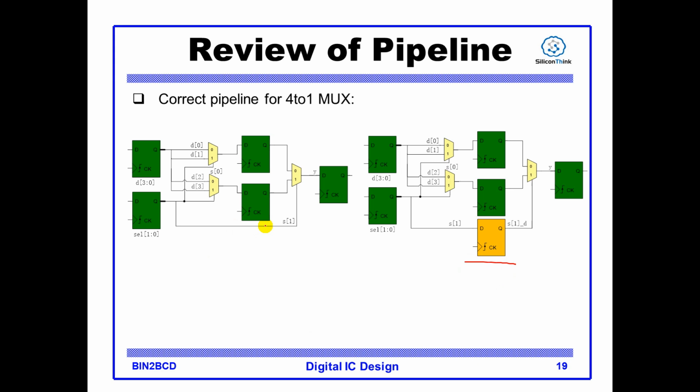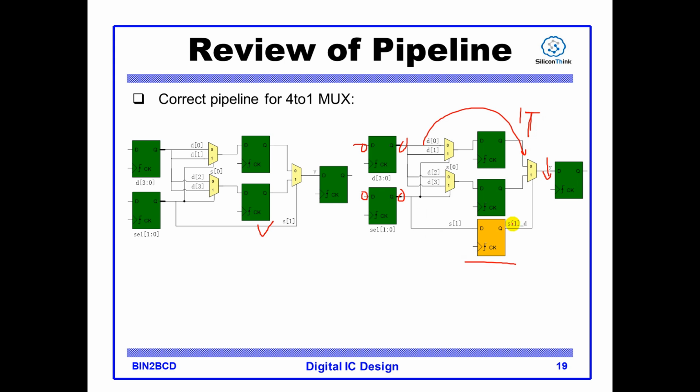That is, the bit 1 of select should also be pipelined. So that means all the inputs should have the same pipe latency to the output. Yes. For this case, the pipe latency is one cycle.